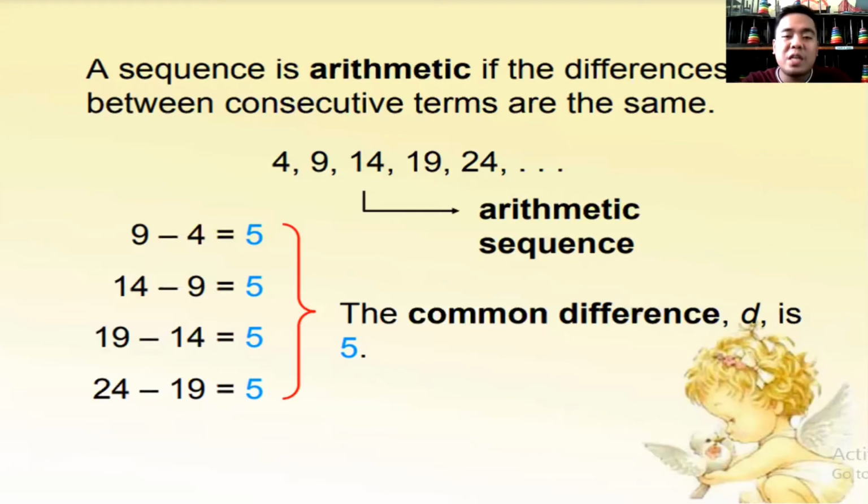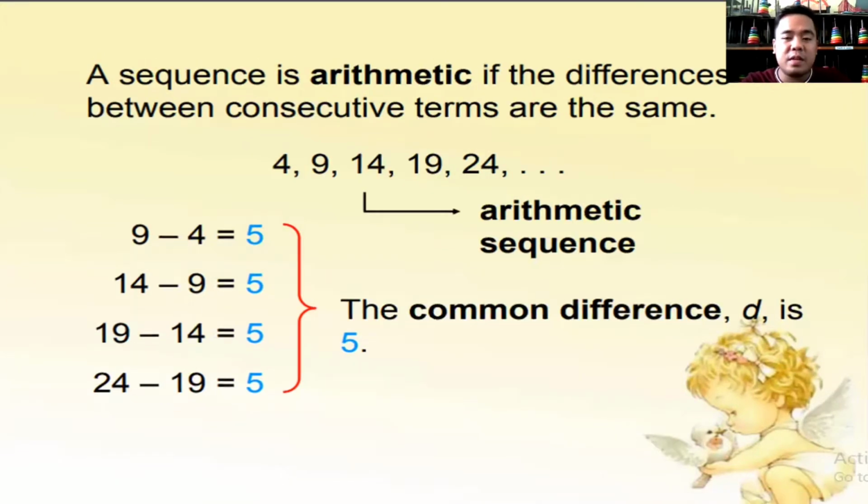Wala kitay constant. Kinahanglan usa ra jud. Dili pwedeng daghanon. So nasabtan, muna siya arithmetic sequence nga naay number nga gi-add. Okay? So as you can see, the common difference is 5.